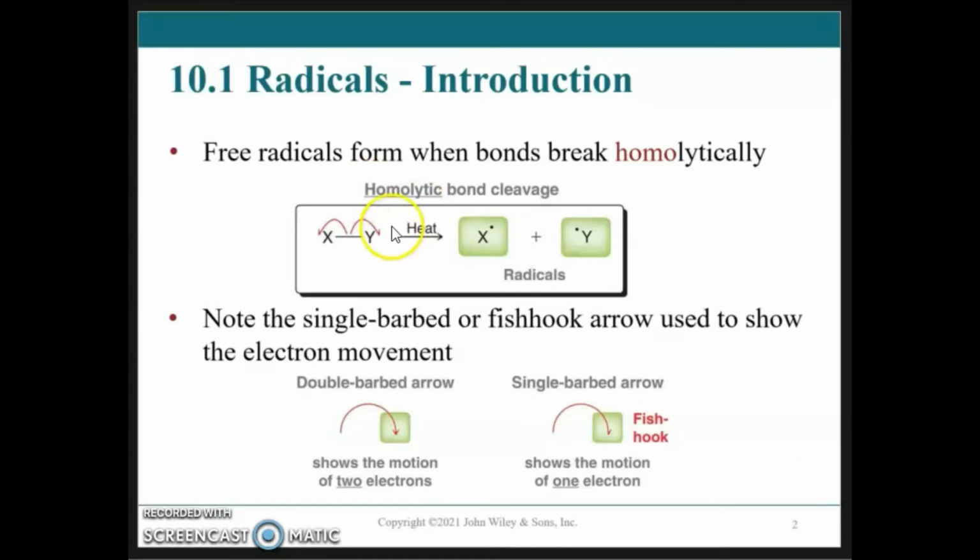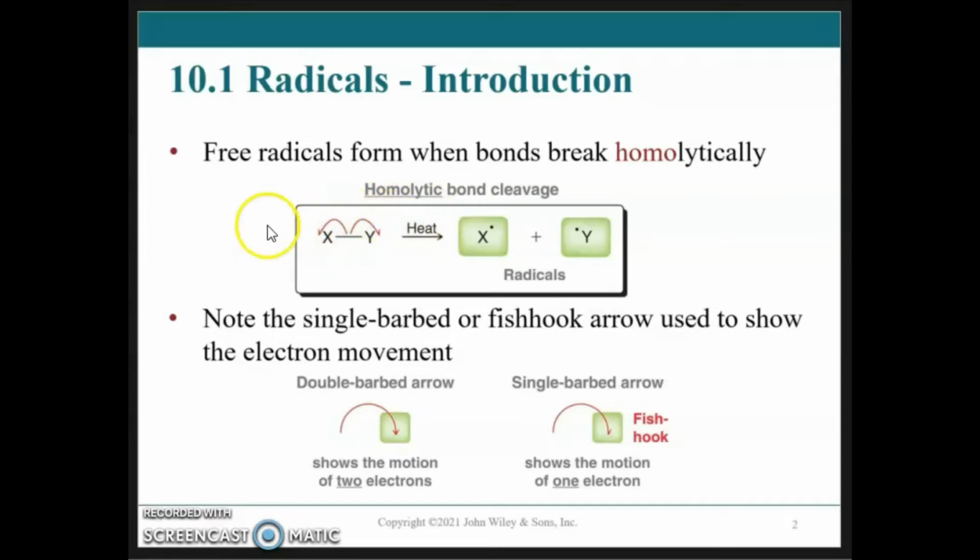A couple of things here. We've used double-headed arrows to show the movement of electron pairs. And when we're showing the movement of single electrons, we use an arrow with one barb, or what we'll often refer to as fishhook arrows. And this shows the movement of a single electron.